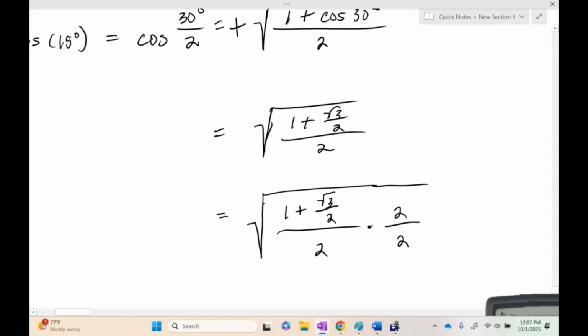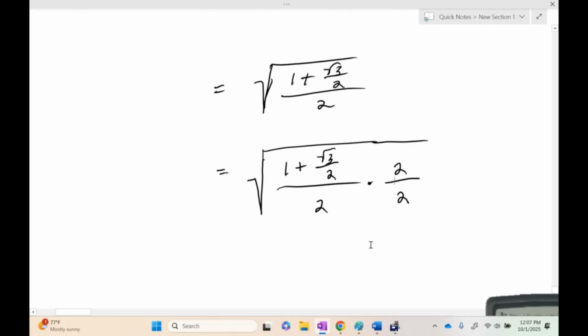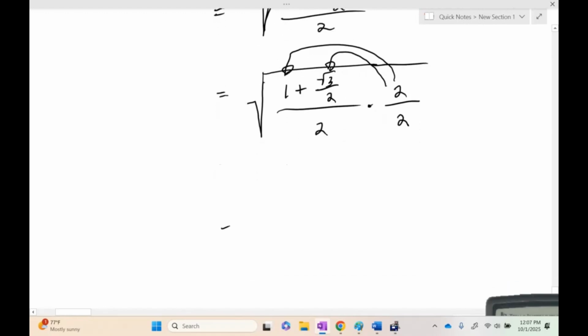So remember, anything over itself is 1, and anytime you multiply something by 1, you don't change the value, but you can change the way that your number is expressed. So we're going to multiply by 2 over 2. The next thing is you want to remember to distribute. All right, so this is still under the square root.